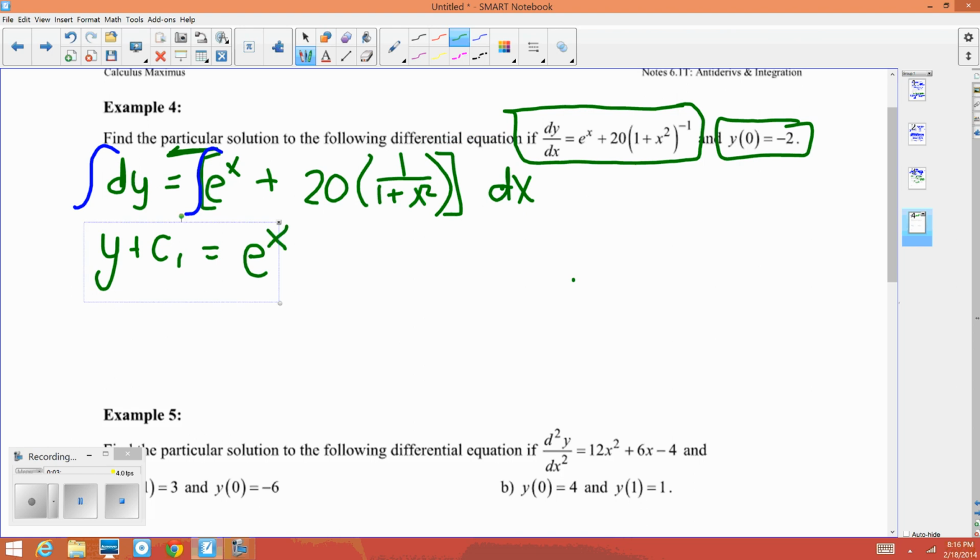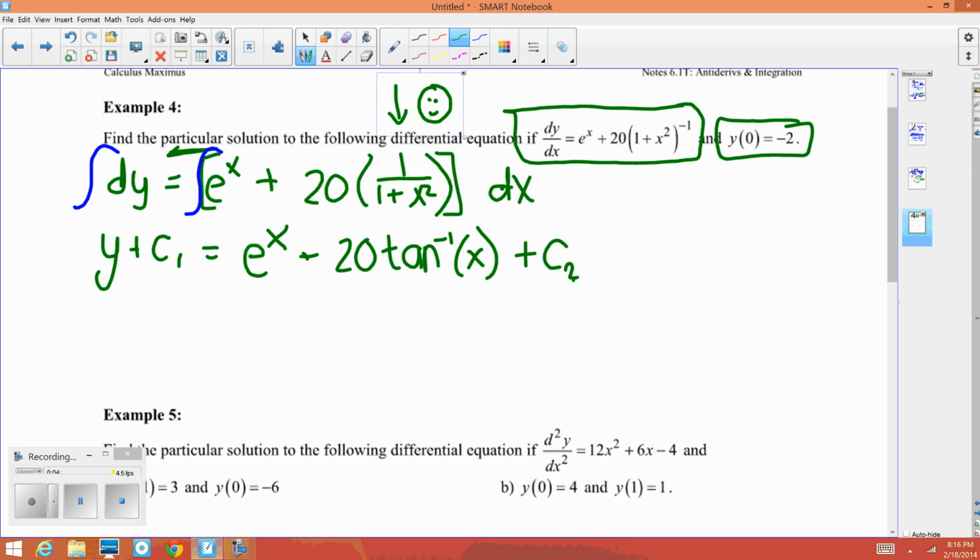Now, do you recognize this? Hopefully you do. It'll make me very happy. The antiderivative of that is arctan, or inverse tangent. And now that dx is there to remind us to put plus c. And I'm going to put plus c2, just because that's another constant.